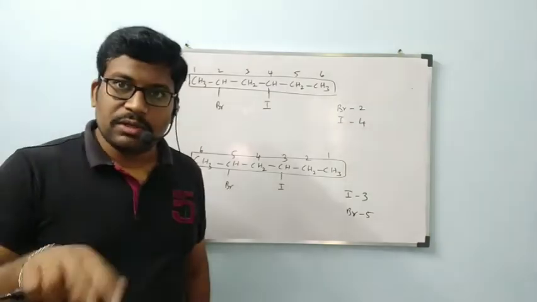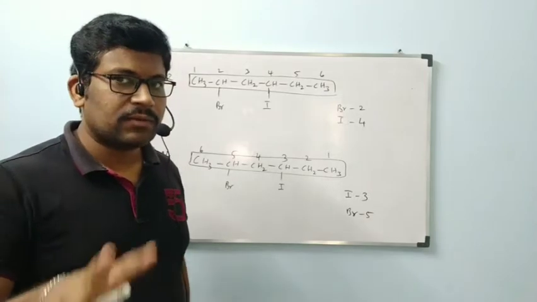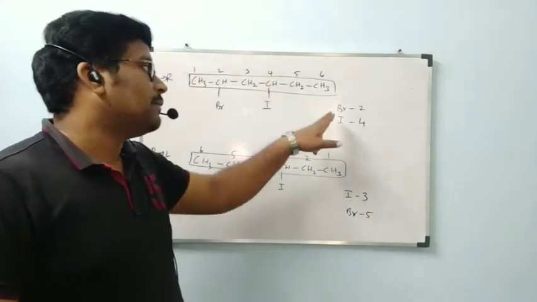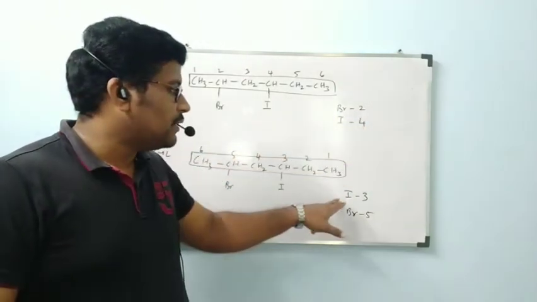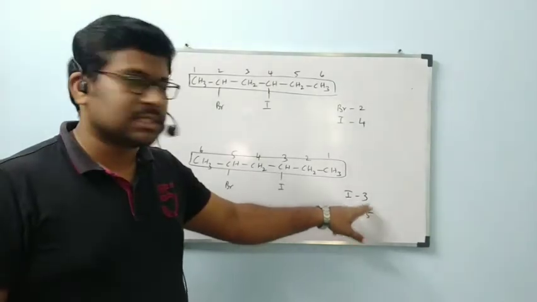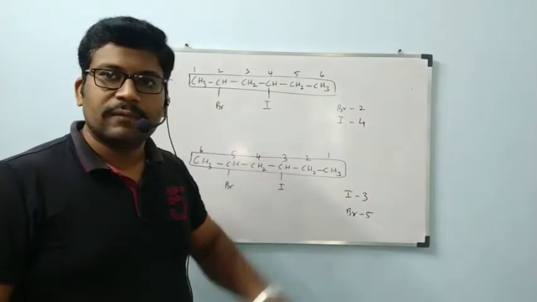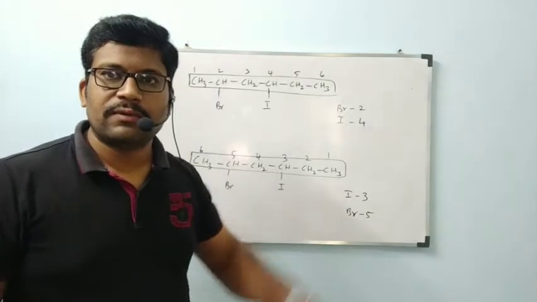Here we have two different substituents. Bromine got 2 from left to right. Iodine got 3 from right to left. Out of these two numbers, 2 and 3, which is the least number? 2. So left to right we have to give numbering.